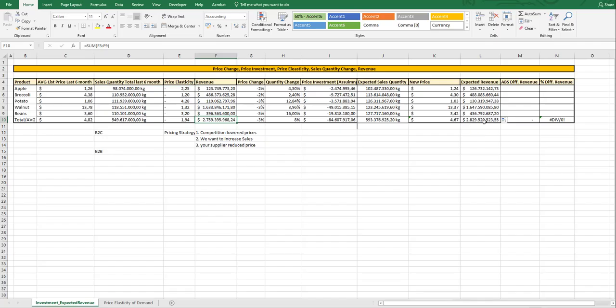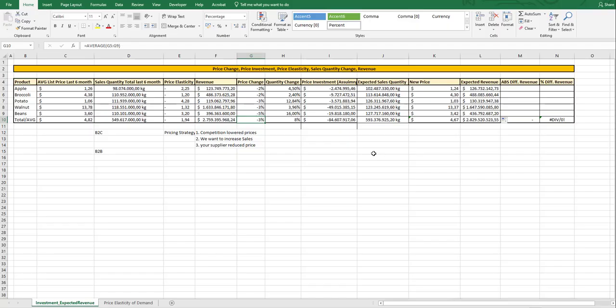How much can it increase? So quantities increased 8%, prices decreased 3%, and 2,759, 2,829. In this case, when you go back to the percentage calculation, 270 is 10% of 2,000.